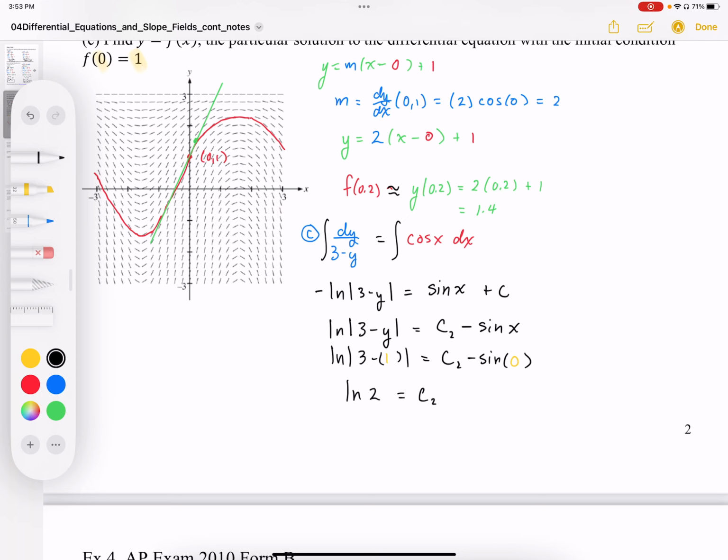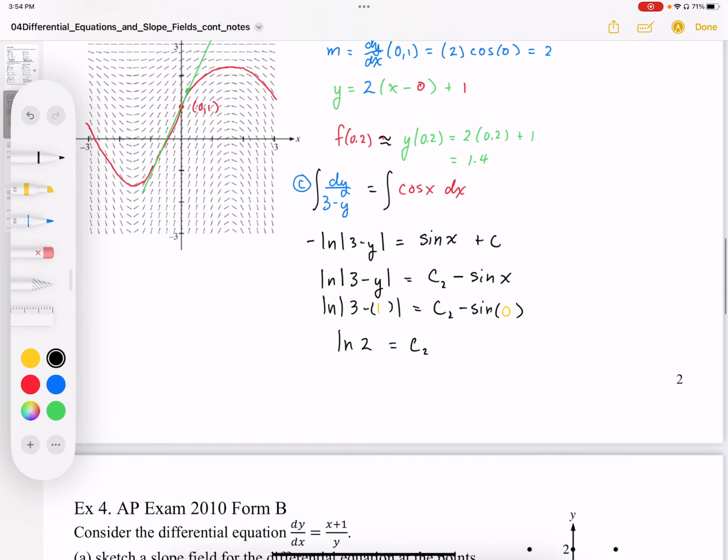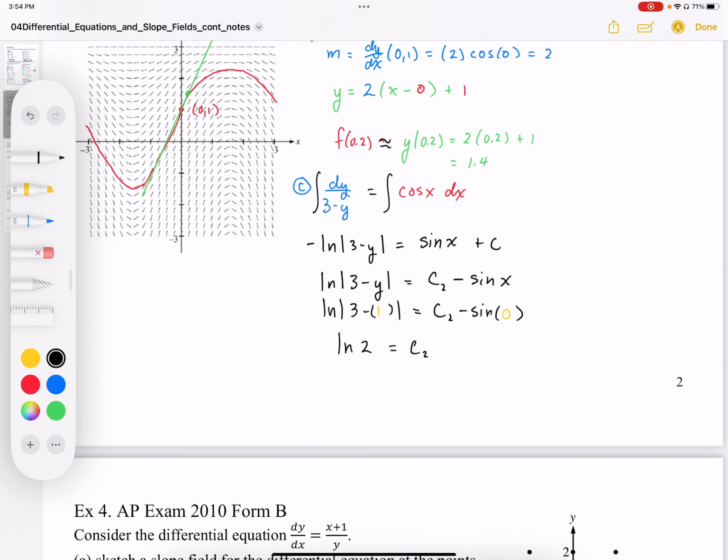I could have also put it in the exponential form and solved for c2. So before I do that, I end up with log 2 minus sine x.